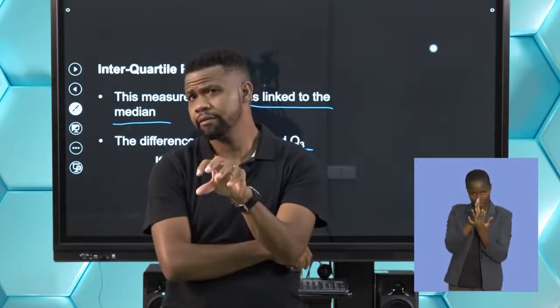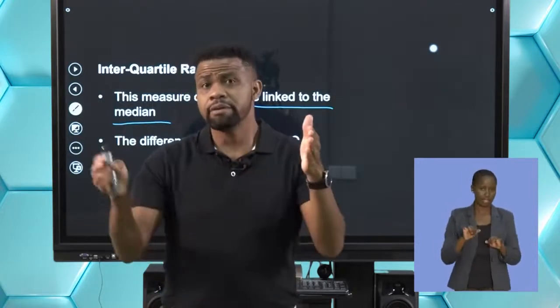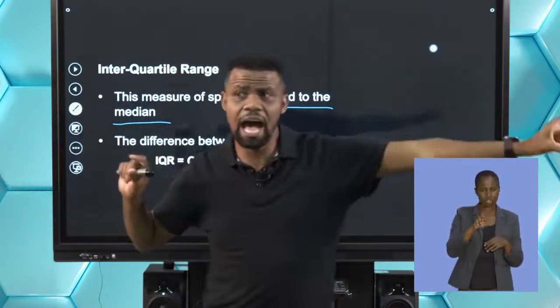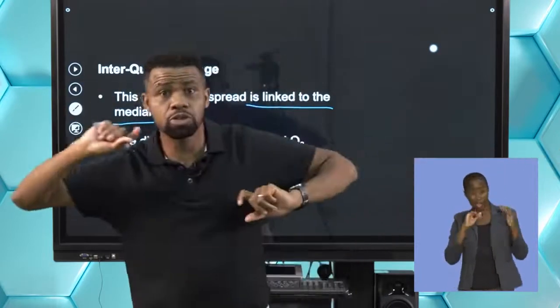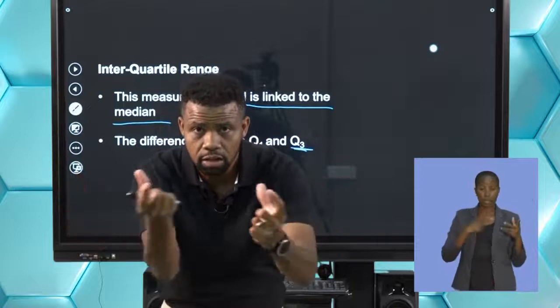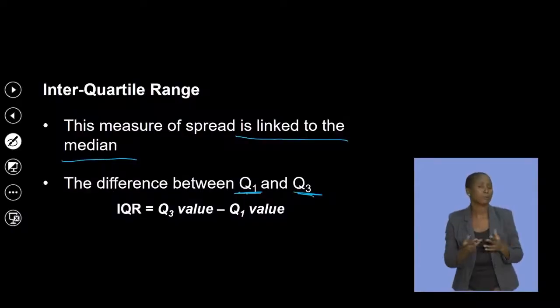And that is far better than the range, because the interquartile range is not affected by the extreme values, the high or the low numbers, because you're looking at the middle of the data. So that's the difference between Q1 and Q3.